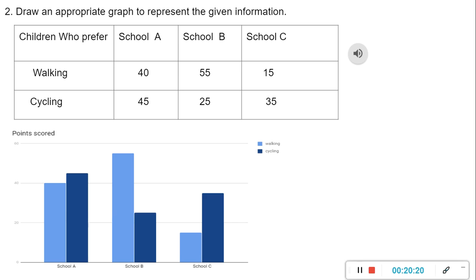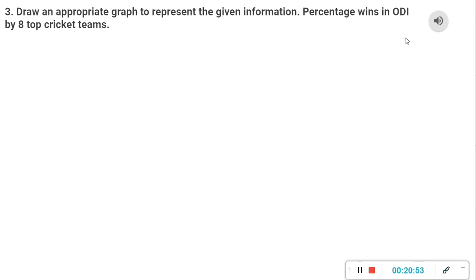From this graph you can compare the children: in school A, cycling is more than walking, but in school B, walking is more than cycling, and in school C, cycling is more than walking, isn't it? So like this, we can analyze and compare the data. Okay, so this is a double bar graph. So draw it also in your graph book.